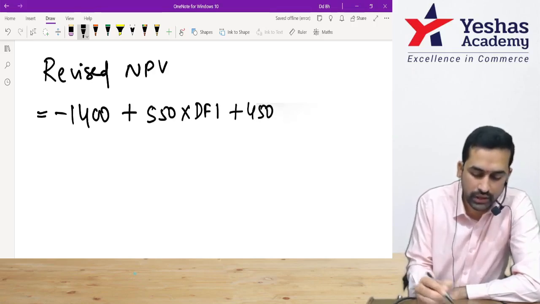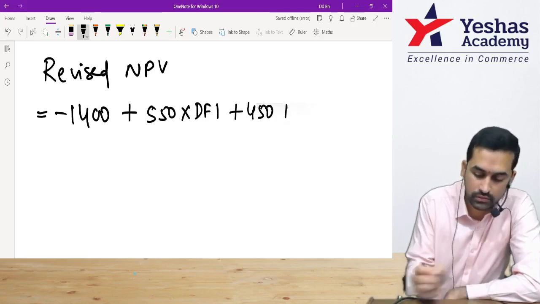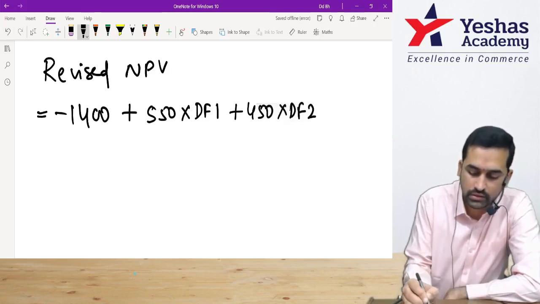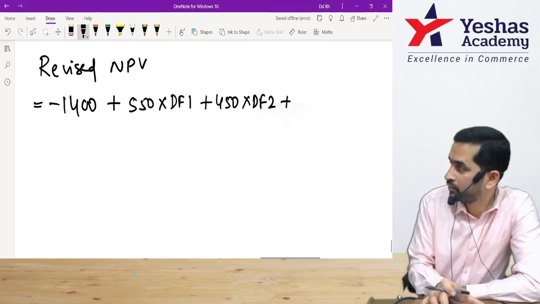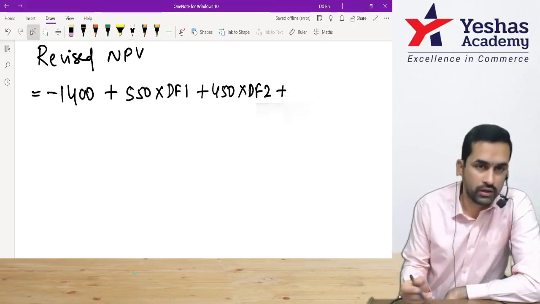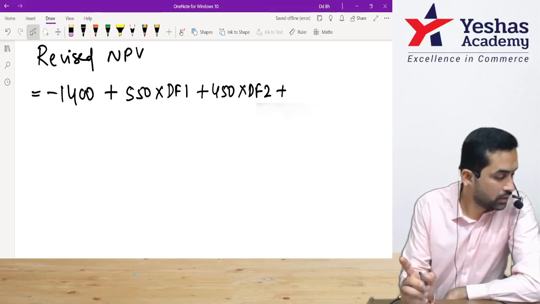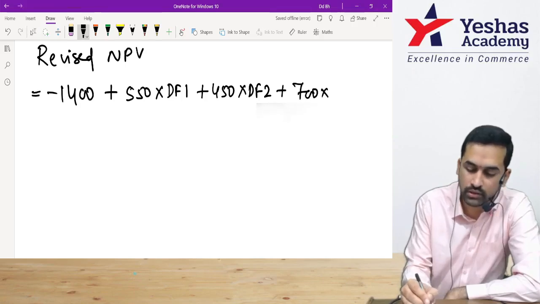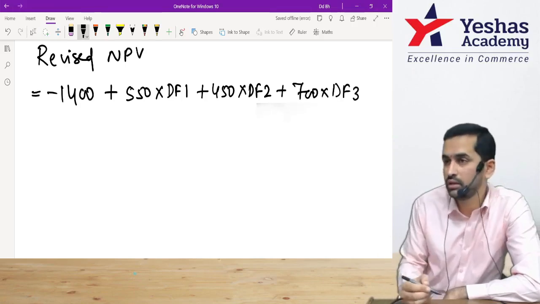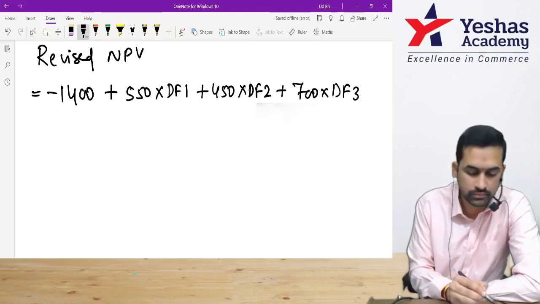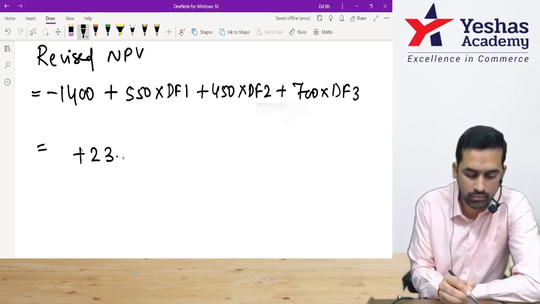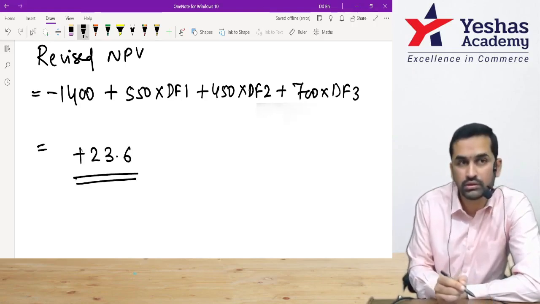This is a discounting factor first year. This is a discounting factor second year. And third, they're talking about what? Worst case, 700 into DF3. Is that correct?